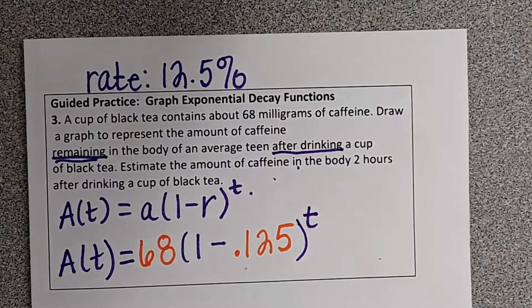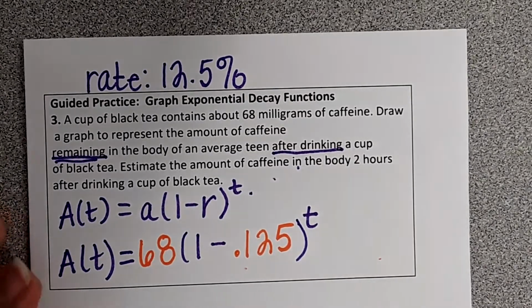I'm not making you graph right now, but I am going to make you solve the next problem. The very last sentence says, estimate the amount of caffeine in the body 2 hours after drinking a cup of black tea. So now they're telling us to find the value when t equals 2.